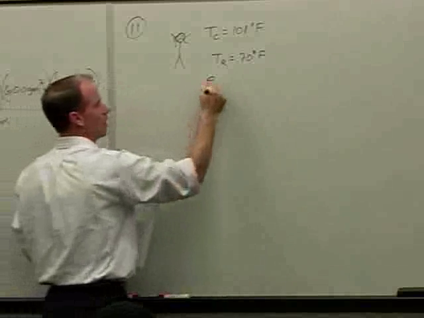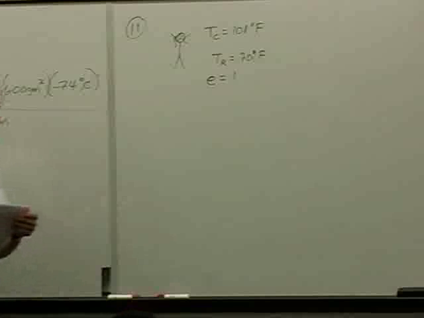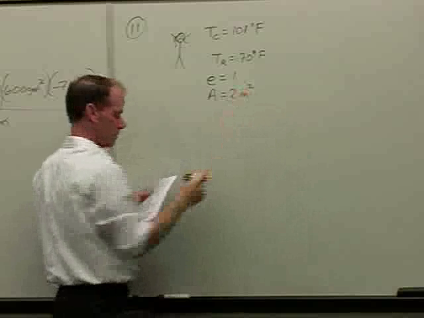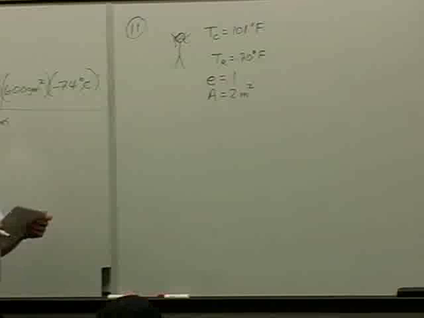Emissivity of the child we're going to assume is 1. Cross-sectional area of the child is 2 meters squared. And I think that's it, right?